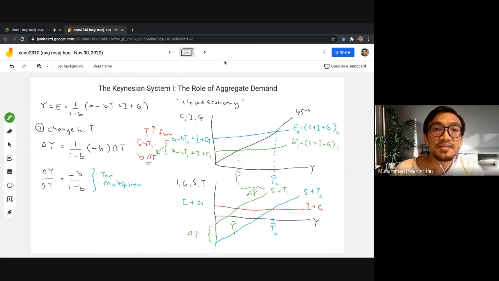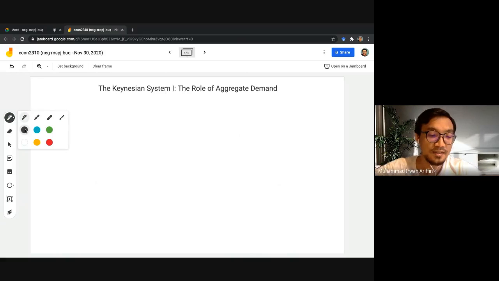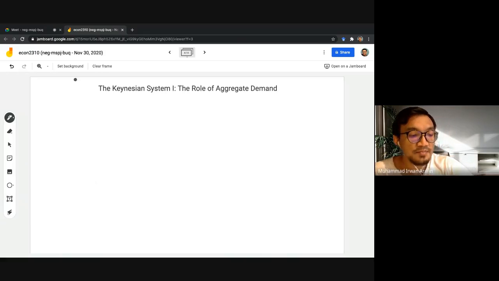Now let's do a simple comparison between the government expenditure multiplier and the tax multiplier.